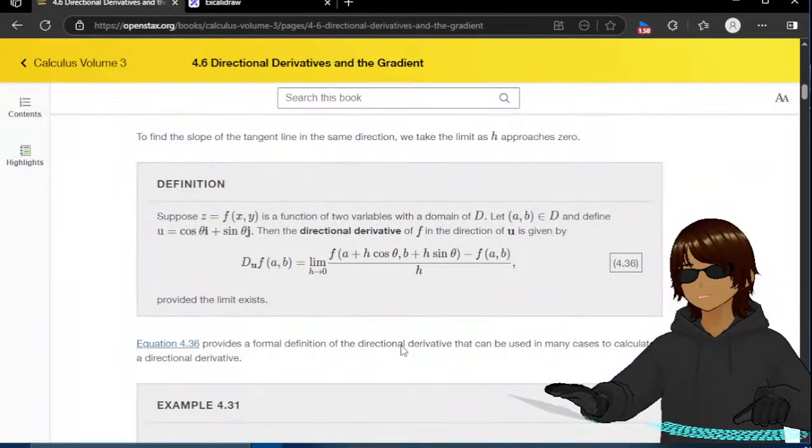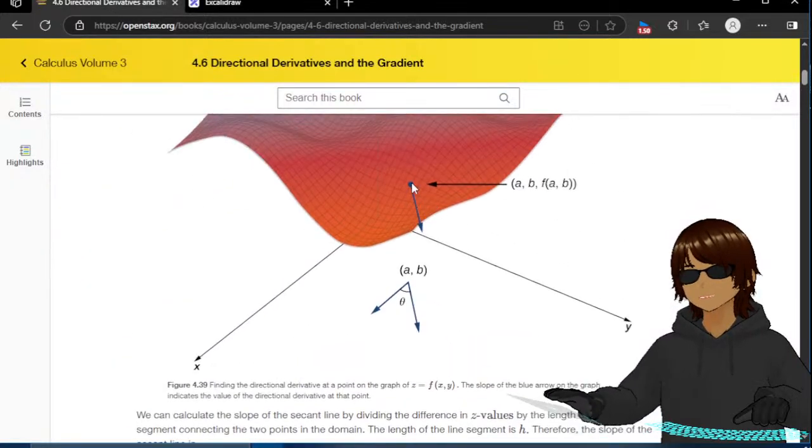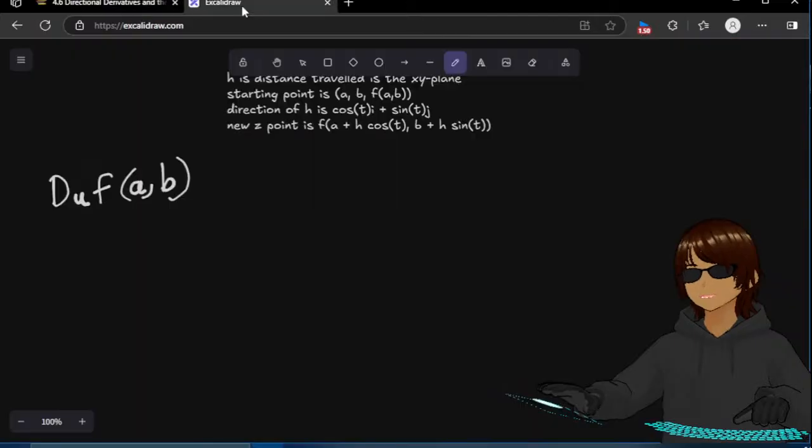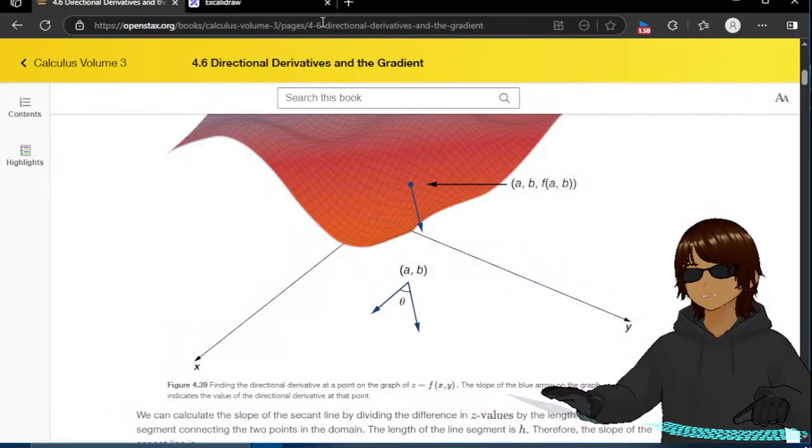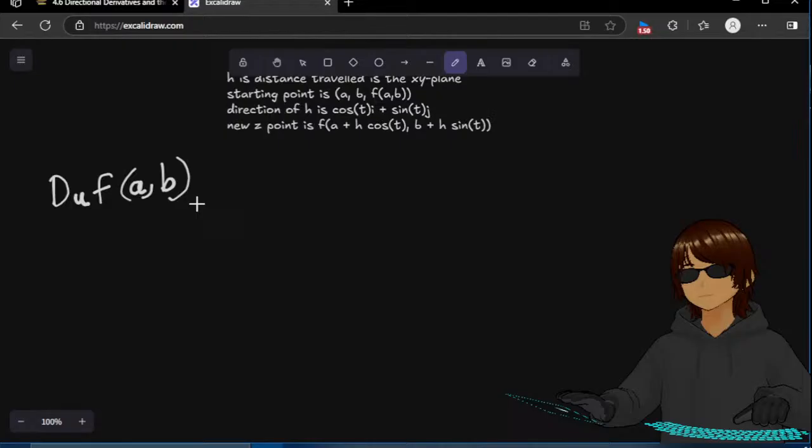So we start at point (a, b), and the instantaneous change of z when you are going in the direction of u would be given by the change in z, right?